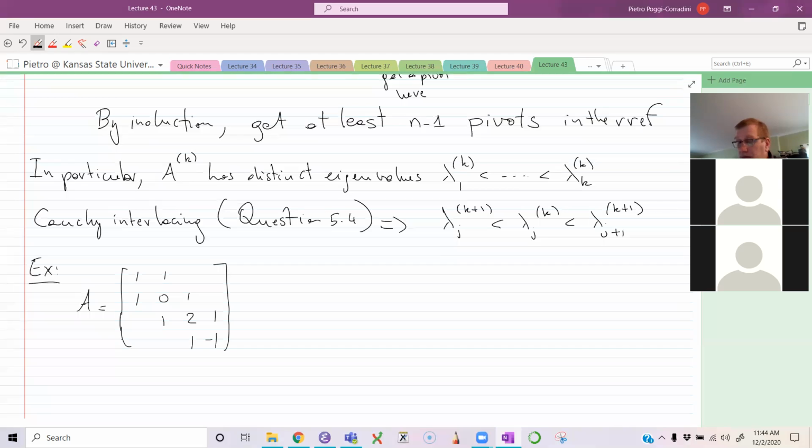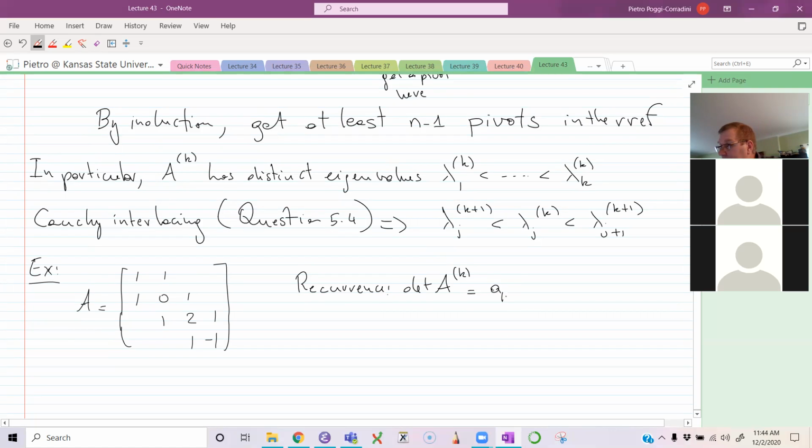And you may actually check, there's a nice recurrence in this where the determinant of A_k can be computed from the previous ones.